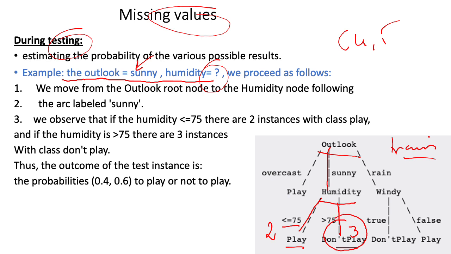It's like giving the outcome in the form of a probability. There is a 0.4 probability, which is 2 over 5, that this new day belongs to class play, yes, and there's a 3 over 5, which is 0.6 probability, that this new day belongs to class don't play. And so the algorithm will choose the class that has the highest probability to predict.